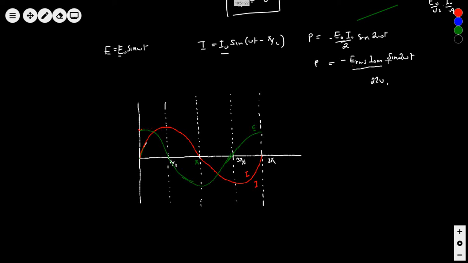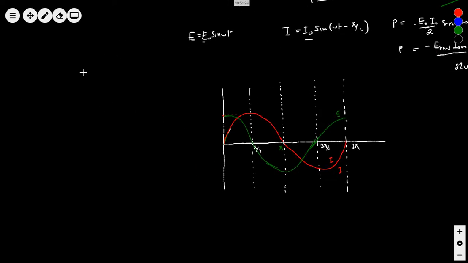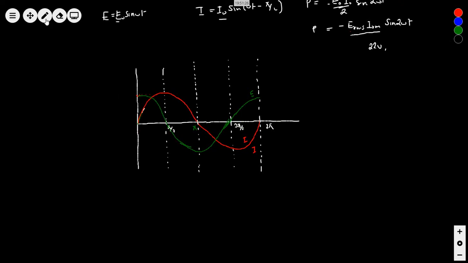So if I plot that, it is sine 2 omega t. Now how does the sine 2 omega t function look? I am plotting it here. Sine 2 omega t, which I will show with the blue one, will complete 2 cycles in 1 cycle of sine omega t.